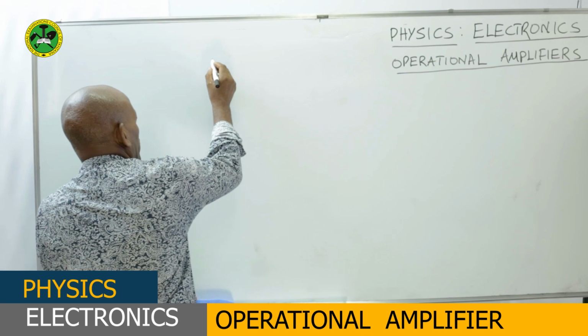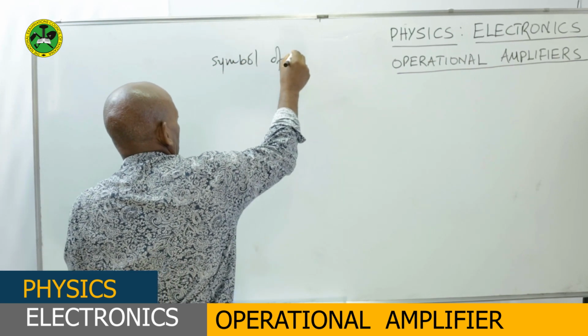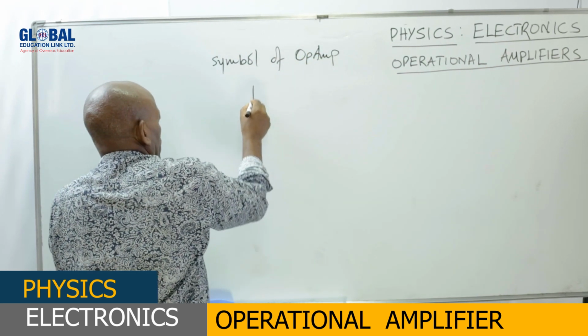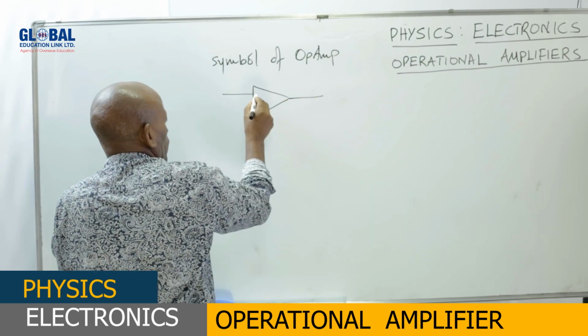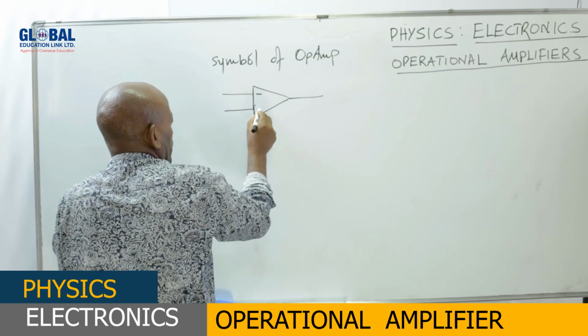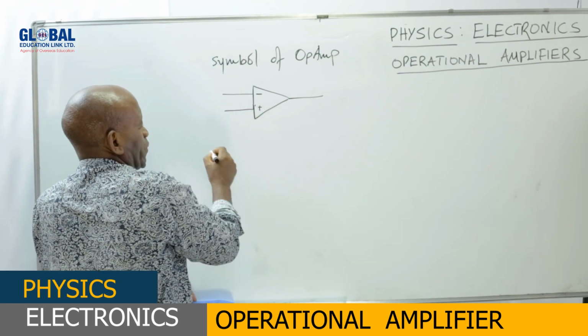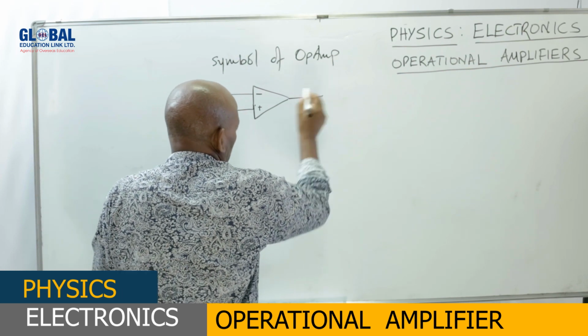And the symbol of an operational amplifier. It is that particular symbol. So we have 2 inputs, an inverting input and a non-inverting input, and we have this as the output terminal.